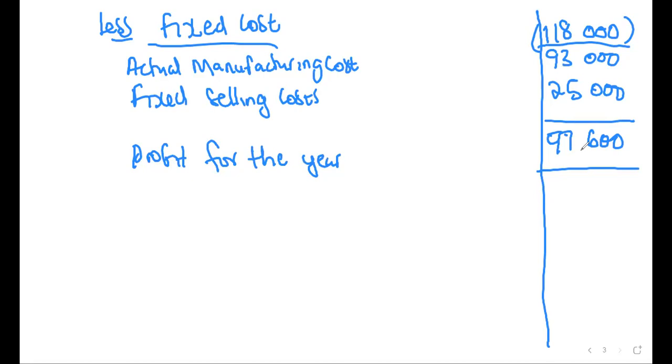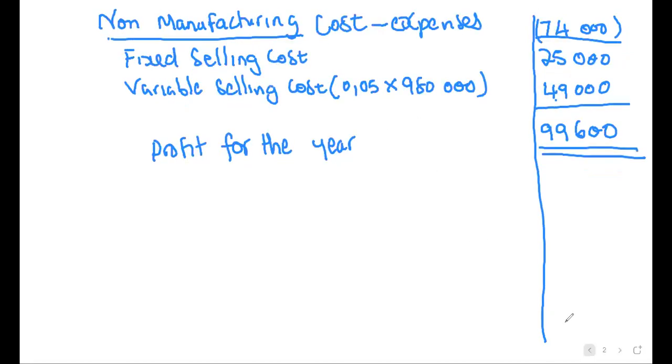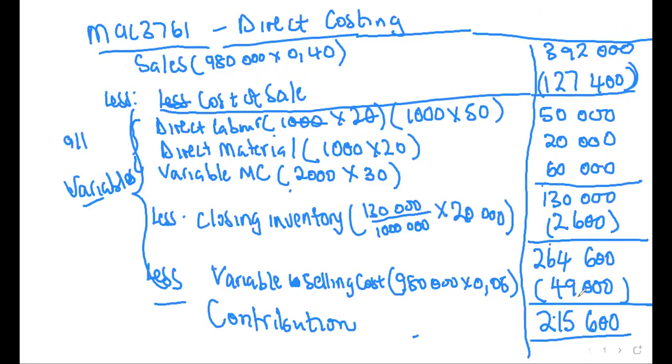It's going to be because of the fixed costs. Do you see something here? Under the direct costing, we have 2,600 as the value of closing inventory, and under the absorption costing, we have 4,600 here. So under absorption costing, the value of closing inventory is more.